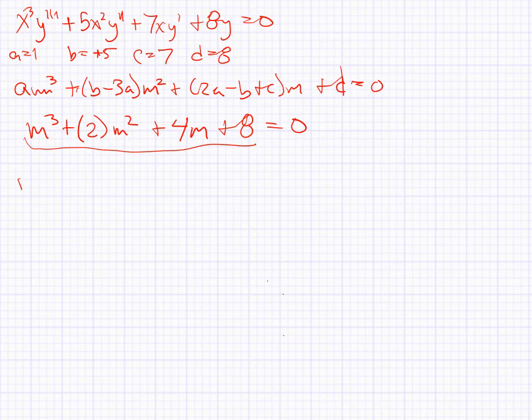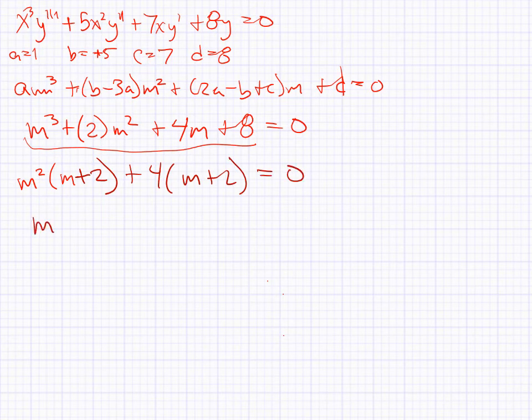Well, if I factor an m squared out of the first 2, I'm going to get m plus 2. And if I factor a 4, I'll get an m plus 2 out of the second 2 terms. Now they both have an m plus 2, so then I'll get m squared plus 4.